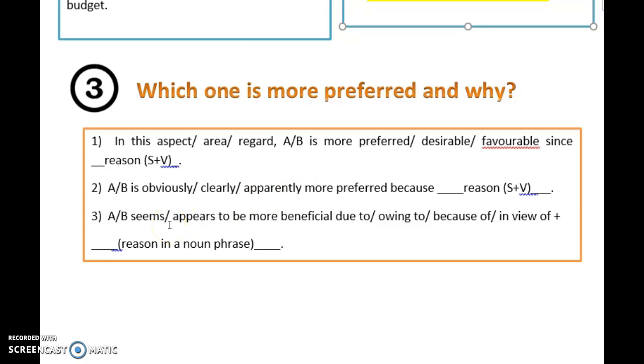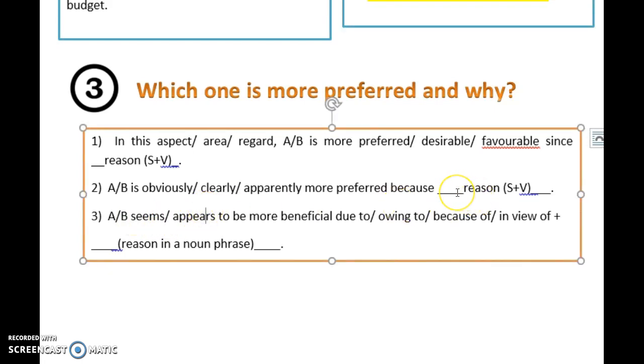But if you are not very confident, you feel that in this aspect, A and B are actually quite similar. If you really ask me which one would be a better choice, I can't really make a decision. Maybe A, or maybe B. So in this case, you are not very confident in making the conclusion. So you say A or B seems to be, appears to be.